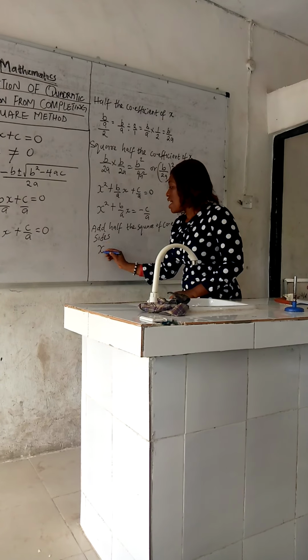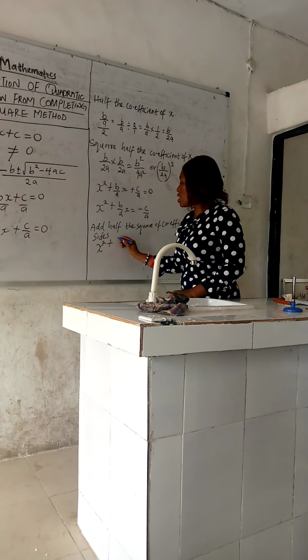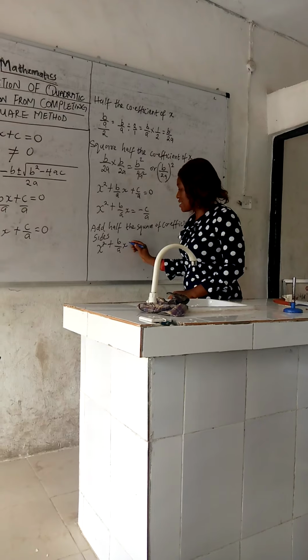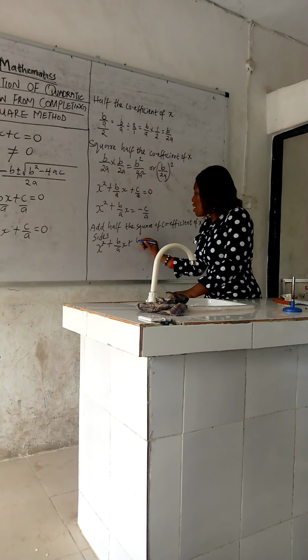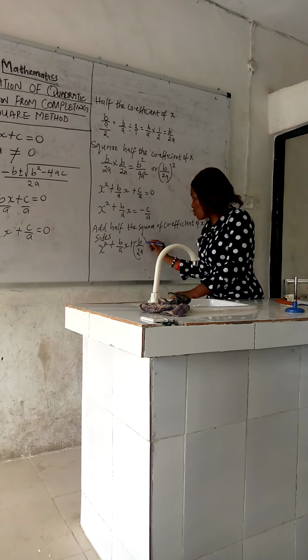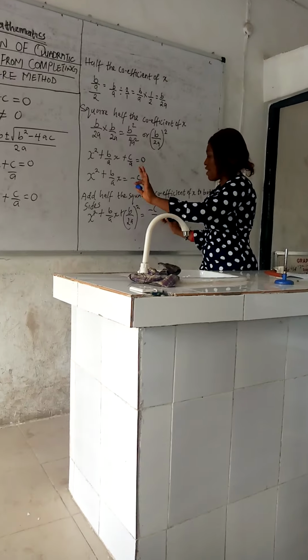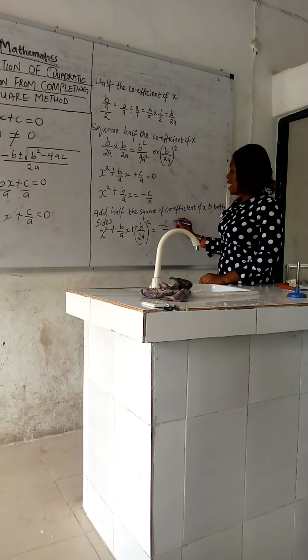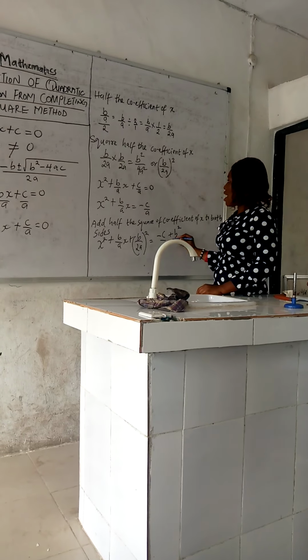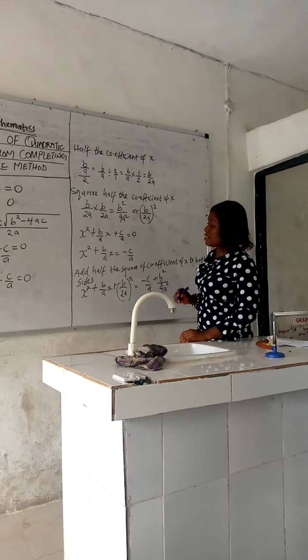So we are having x squared plus b over a x plus b over 2a squared equals minus c over a, then plus b squared over 4a squared.